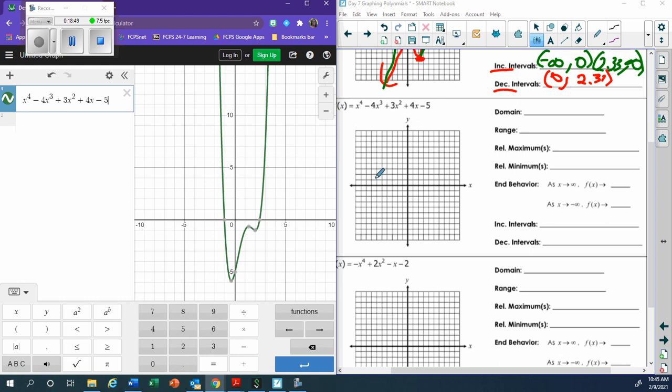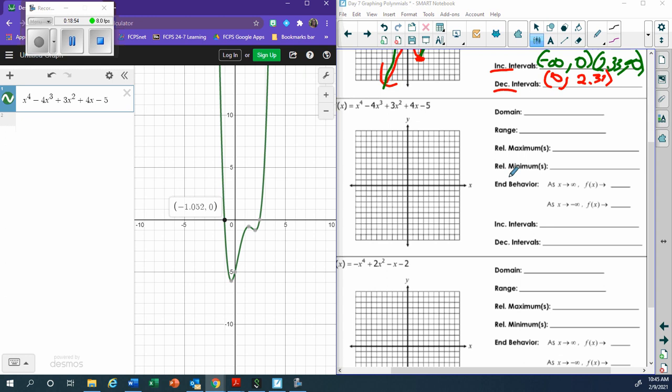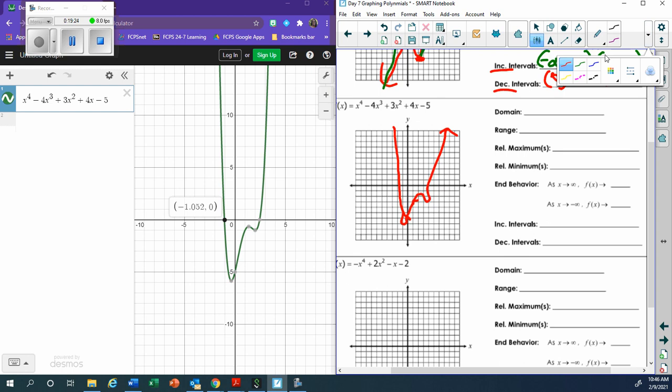If it makes it easier for you guys to graph it on your paper, you can graph it. But even if you don't graph it, you can see this and try to do this part. So it's like something like this, right? You go down, you reach a point right here, and then you kind of go up, then you go down and up again. So let me change the up color into green.